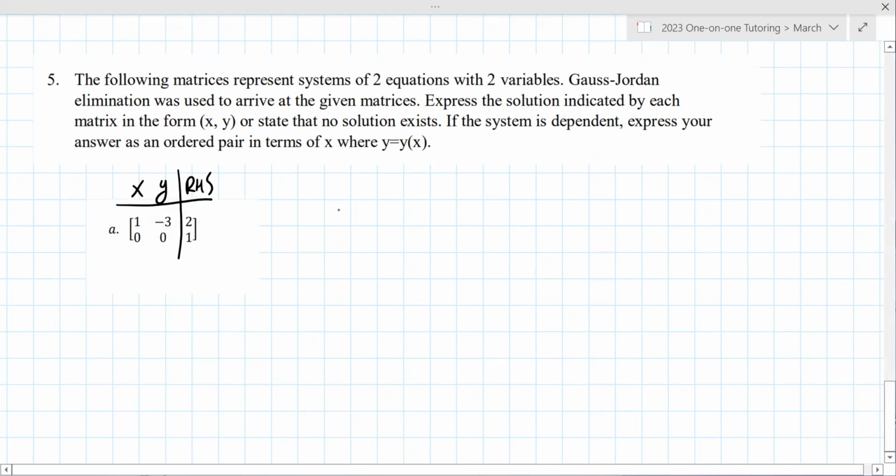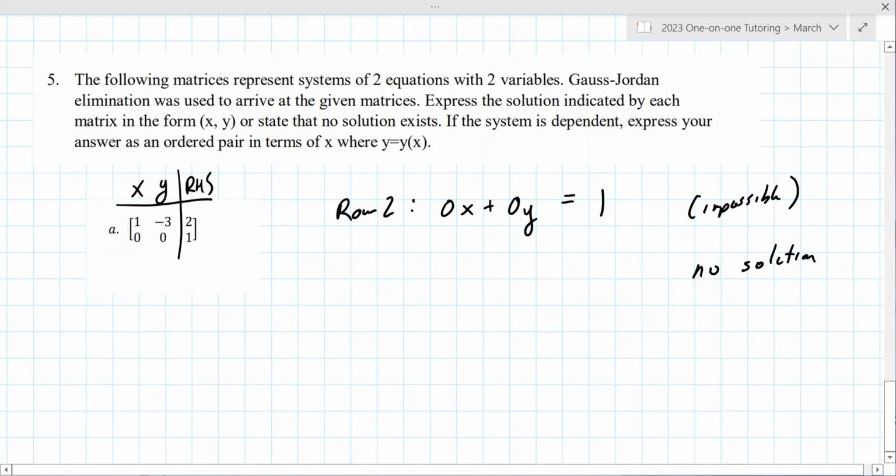I know maybe that seems backwards, why would we go to row 2? It tells you the most information. It says 0 times X, 0 times Y equals 1. And this is impossible. This is a scenario that just can't happen. And this is no solution. It's because if you have nothing times X and nothing times Y, how can you get anything on the right-hand side?